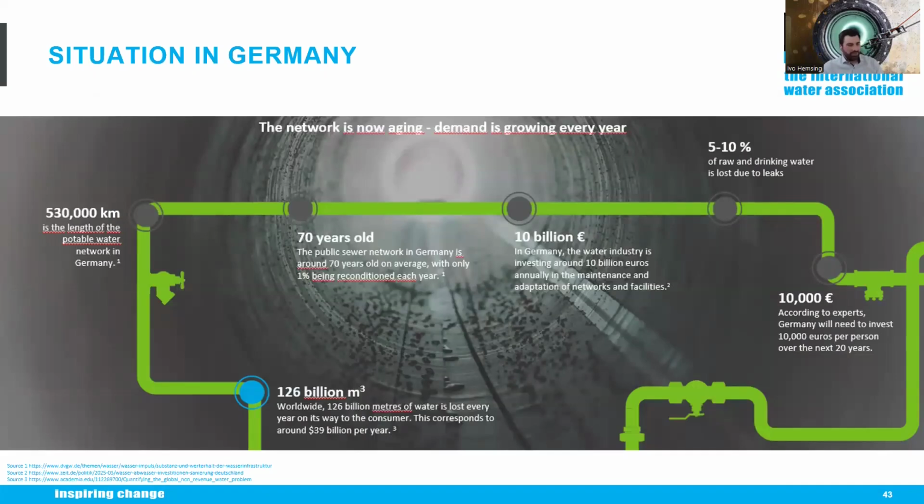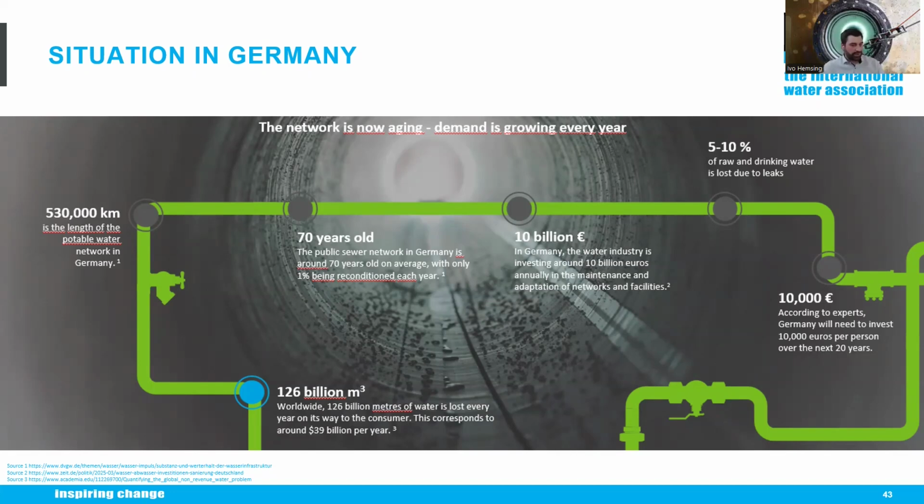In my home country, Germany in particular, the facts clearly show that replacement and rehabilitation will become an even bigger issue. This is because large parts of the 530,000 kilometer long public drinking water network in Germany are already up to 70 years old, and only about 1% of it is being renewed every year.